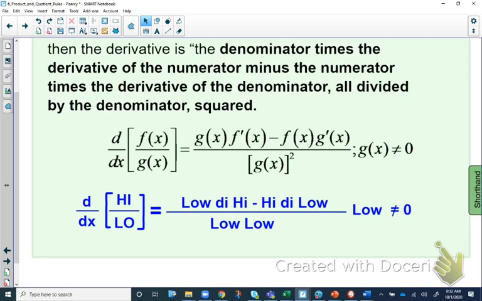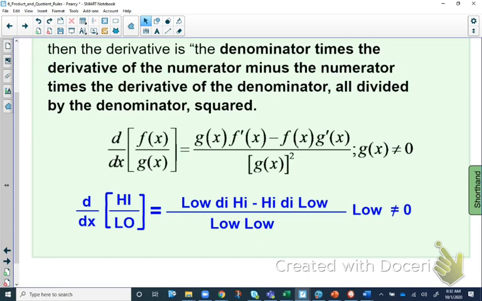And in the denominator, we're going to take whatever the denominator actually is, and it's going to get squared. So the expression that you see at the bottom is just a mnemonic device that works really well to help you remember what the quotient rule is. We say it low-d high minus high-d low over low-low, or just low squared.